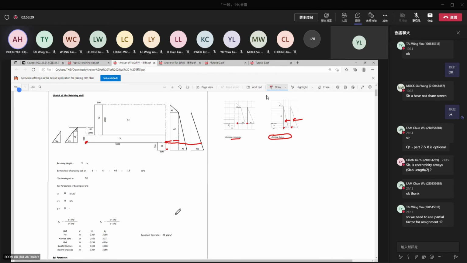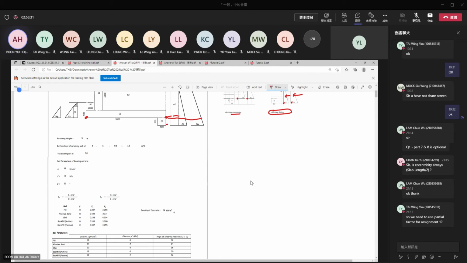So the first thing you need to do again is to calculate the Ka and Kp, because we will be using the passive pressure in this case up to the base of the slab.